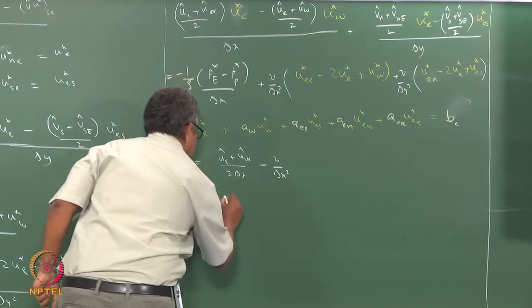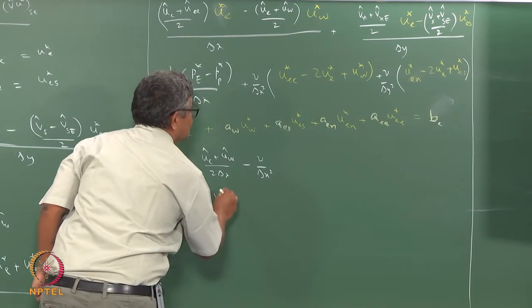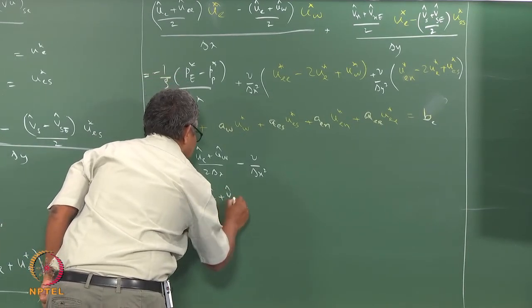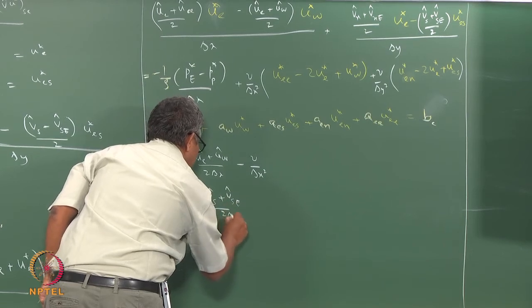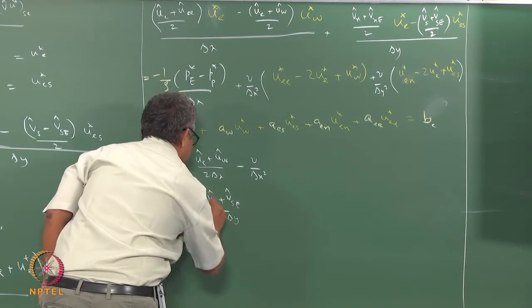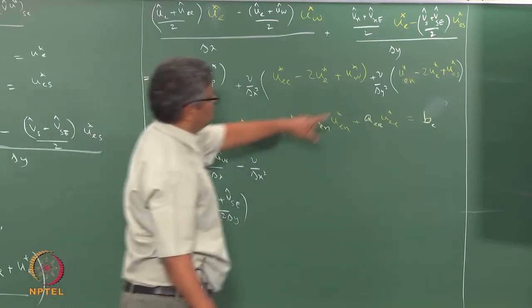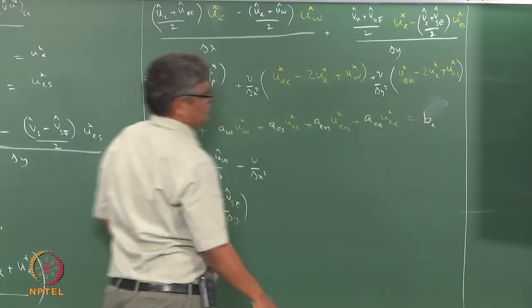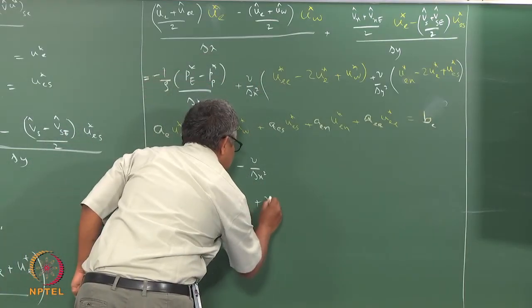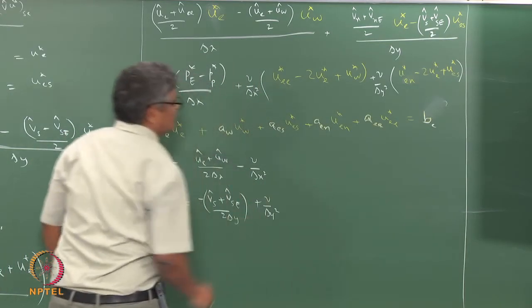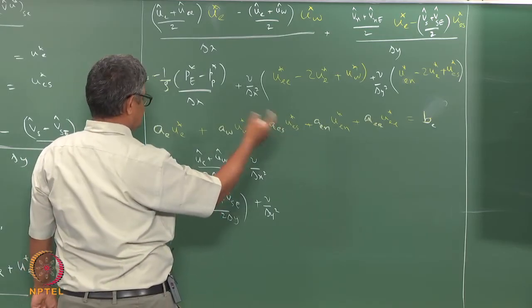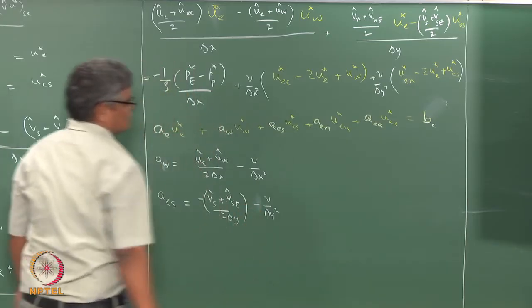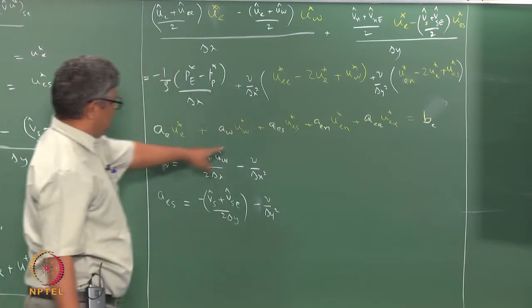So you have minus V hat S plus V hat S capital E by 2 delta Y. That is what we have from here, and there is also plus nu by delta Y square. Okay, so that needs to be brought on to the left hand side. So this will be minus nu by delta Y square is the coefficient for this.